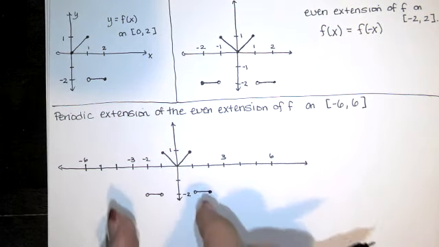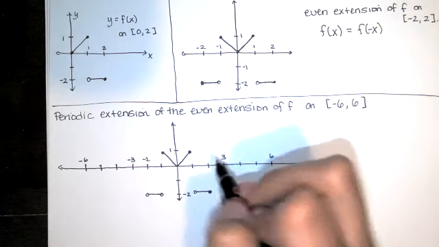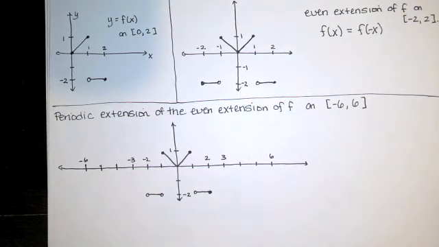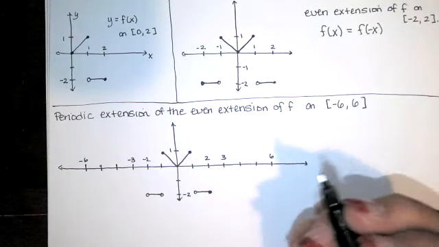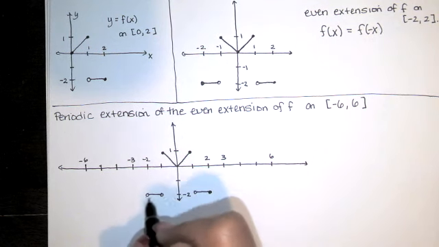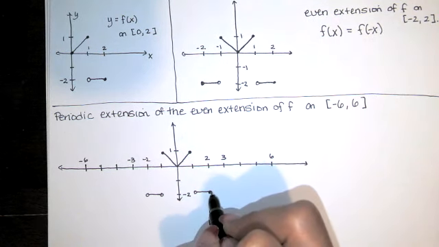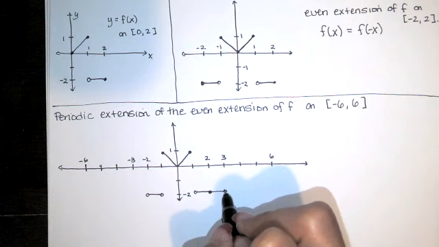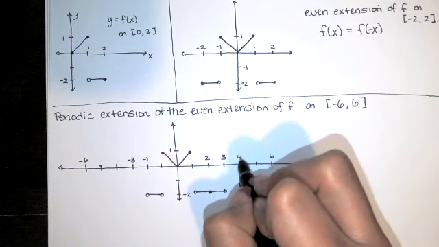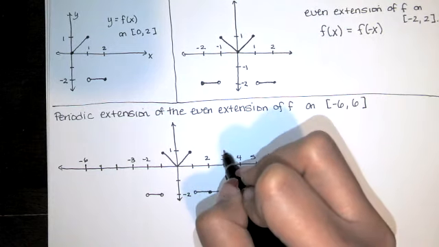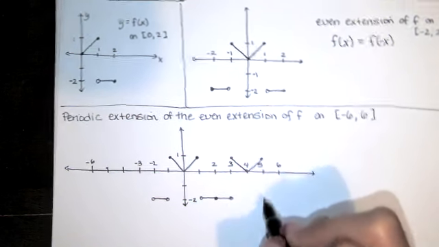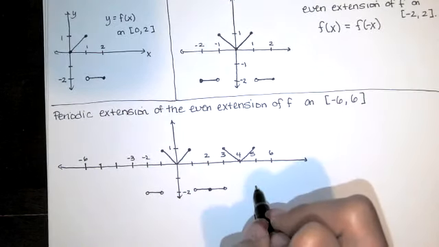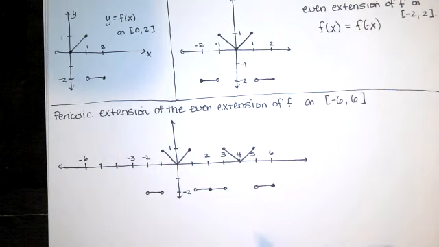So that's our pattern, and we want to repeat that 3 times. If I were to take this and pick it up and draw it again over here, I would see this. There would be an open circle, and then over here another open circle. Then from 3 to 5, I would see that V shape again. And then from 5 to 6, I would have that open circle followed by the closed circle.